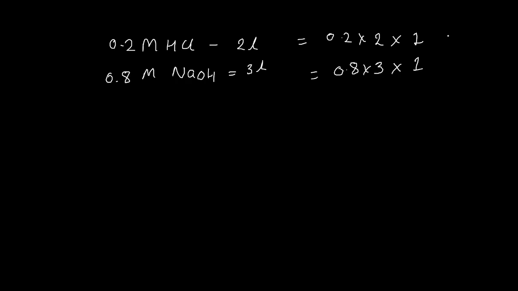So if you see here, it will be 0.4 moles of H plus, and here it will be 2.4 moles of OH negative. But now this base will react with the acid. So what will happen? This particular thing is going to be reduced.